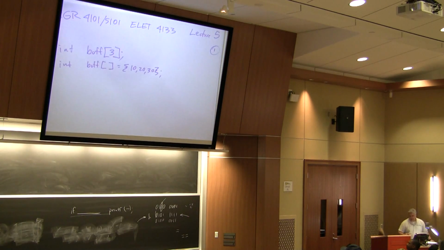Does that look right? So in our array, it will store 10, 20, 30, and these will be in 16-bit slots.